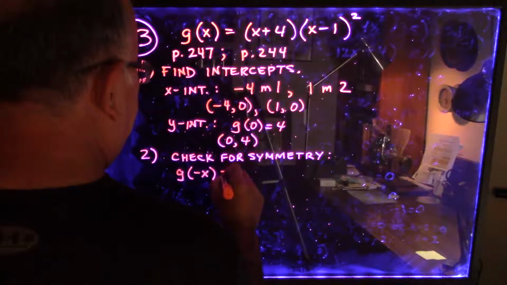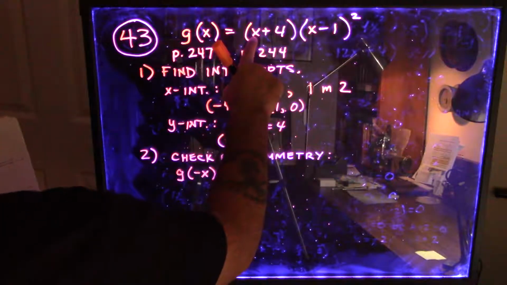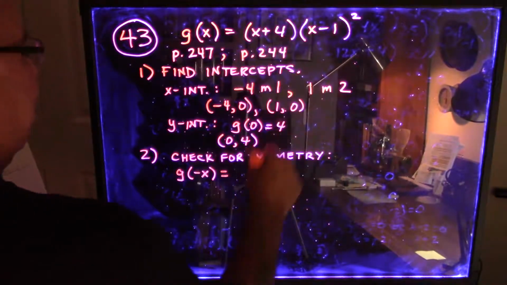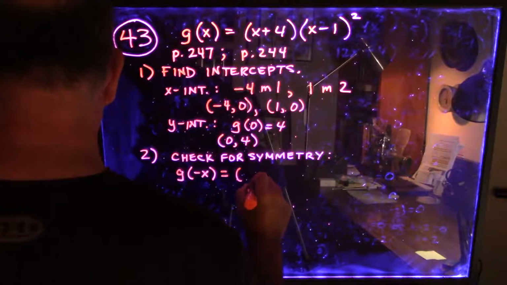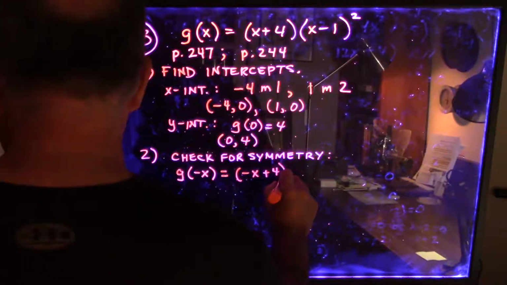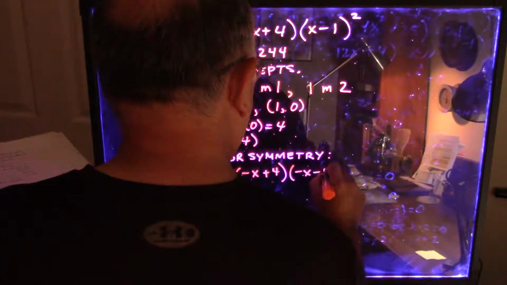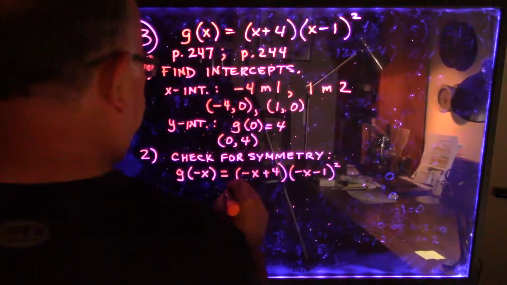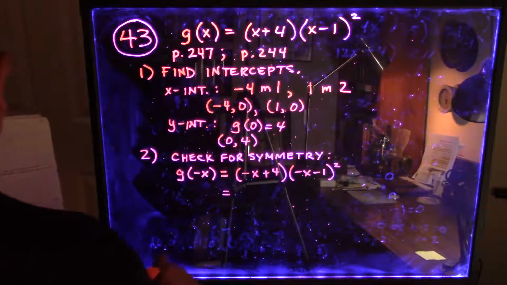All right, so let's see what happens. Plug in negative x for x. So that would be negative x plus 4, and then negative x minus 1 quantity squared. So that's, well, what does that equal?